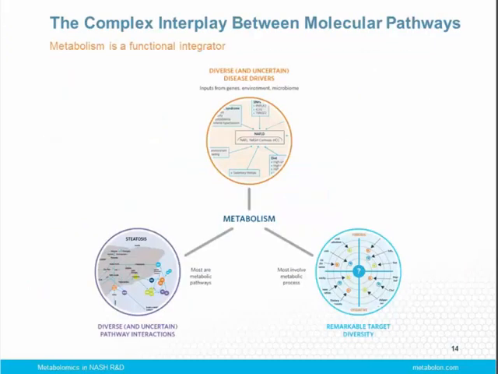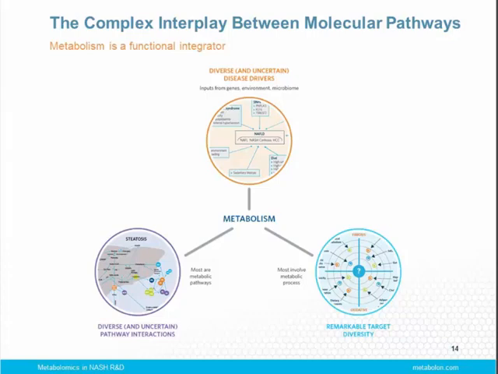What we often see, and a common theme of all of these different pathways and disease drivers, is that metabolism sits at the center of it and may serve as a functional integrator between these mechanisms. In addition, because of the uncertain and diverse disease drivers I just mentioned, there is a remarkable target diversity in which companies are currently trying to develop treatments for the disease.